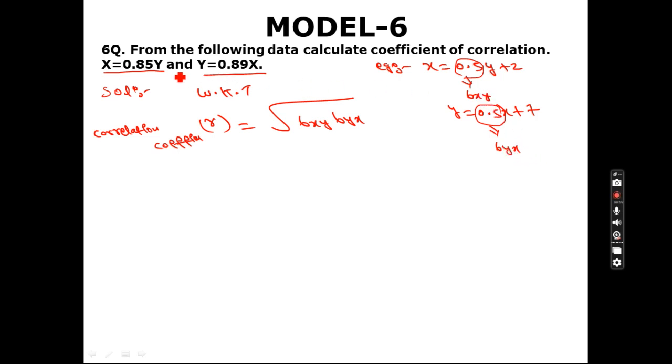But here the constant values are not given in the question. What is given here is bxy as 0.85, and byx as 0.89.